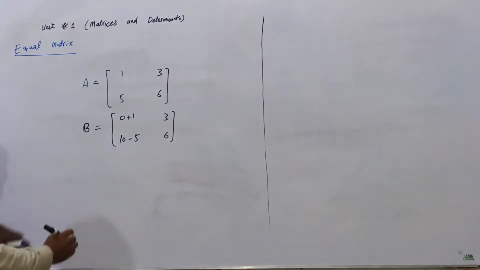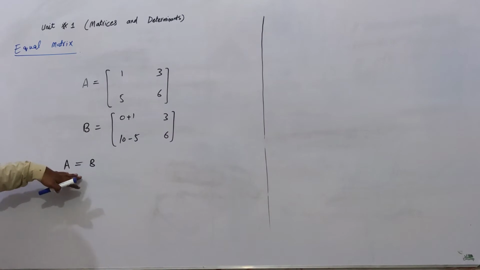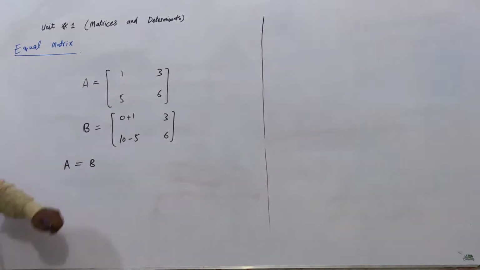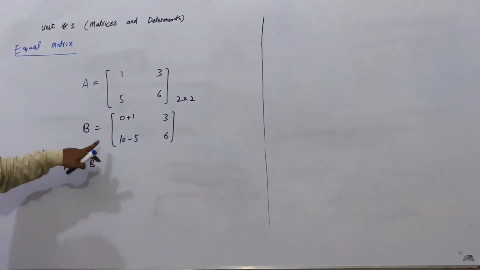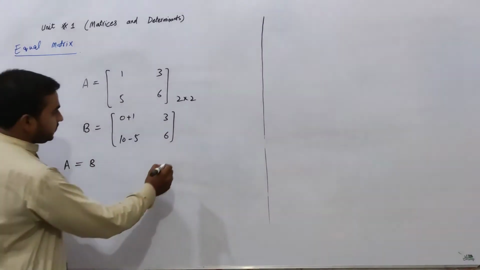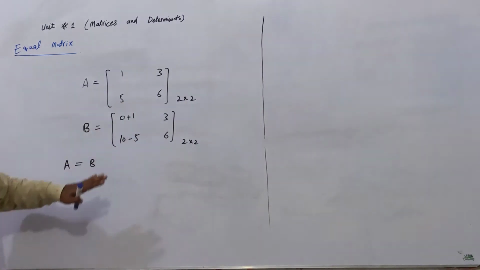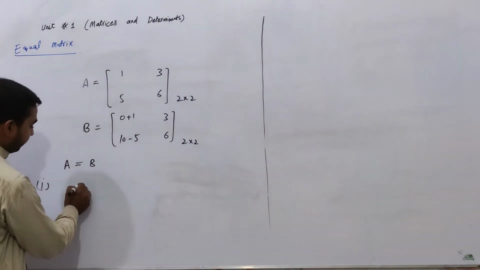We say that A is equal to B. There are two conditions for A to equal B. First of all, we check the order of the matrices. The order of matrix A is 2 by 2. Then the order of the second matrix is also 2 by 2, having two rows and two columns. The first property is that the order is the same.